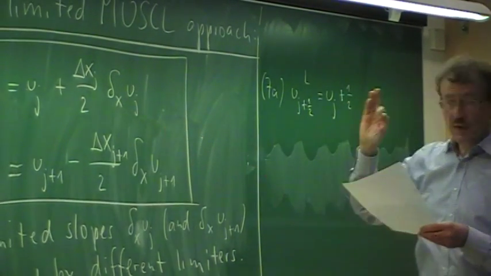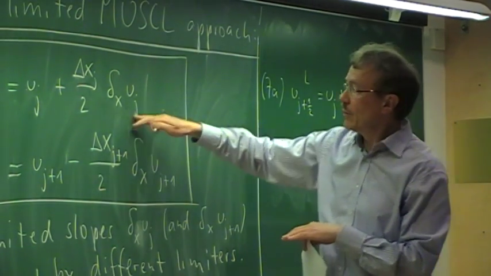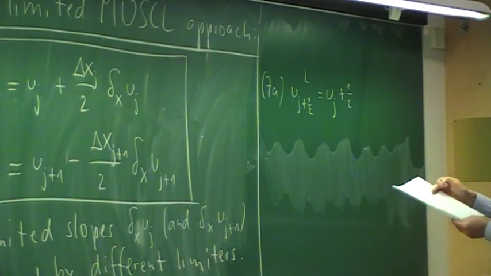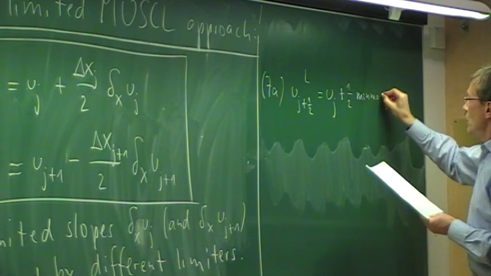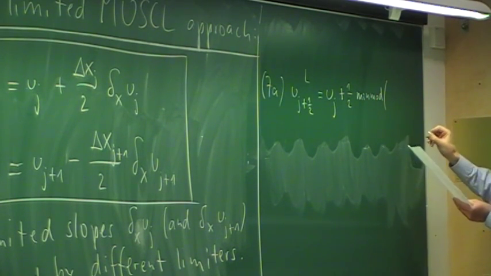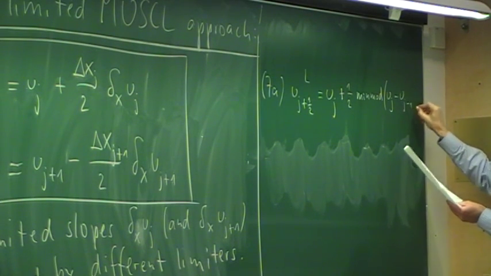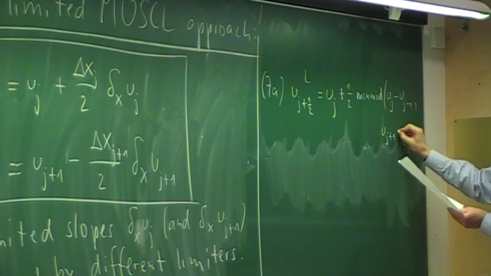The Minmod is then acting on the differences, because the Δx in the denominator, also here, will cancel. And then we just get the Minmod, having the arguments uj minus 1, and it has the argument uj plus 1 minus uj.